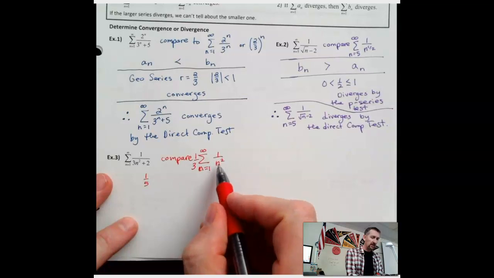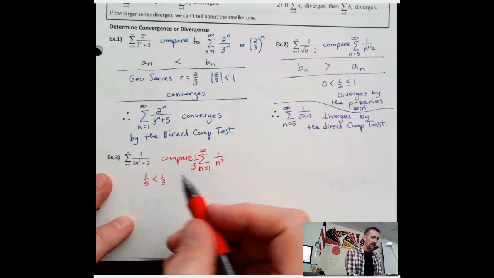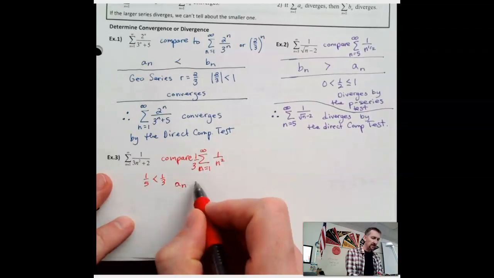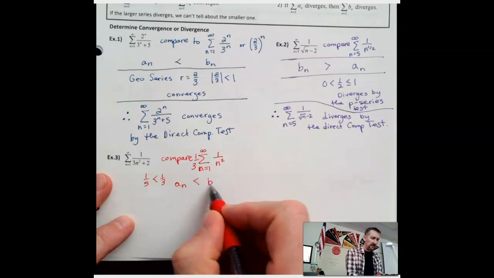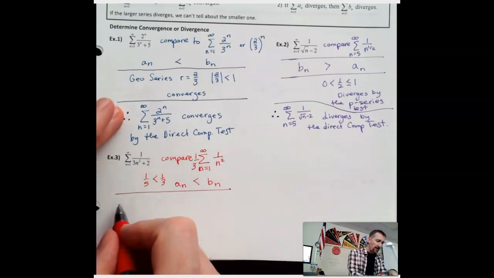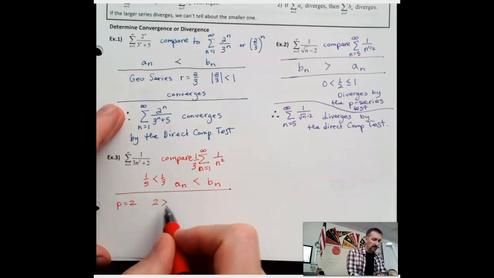And if we plug in a 1 here, we're going to get 1/3. 1/5 is less than 1/3. So this is the bigger one. So we have a_n is less than b_n. Okay, so we've established that. Now here, p equals 2. 2 is greater than 1.